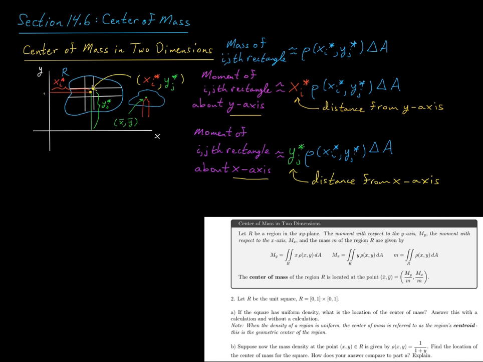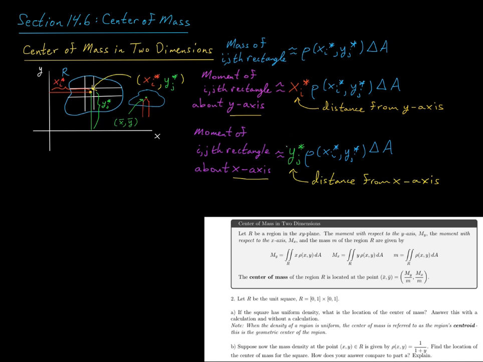And what is that distance? Well, that will be simply the x-coordinate of this location, at least approximately. Likewise, we can measure the moment about the x-axis. That's going to be our mass times the distance of this rectangle to the x-axis, and that is going to be given by the y-coordinate.